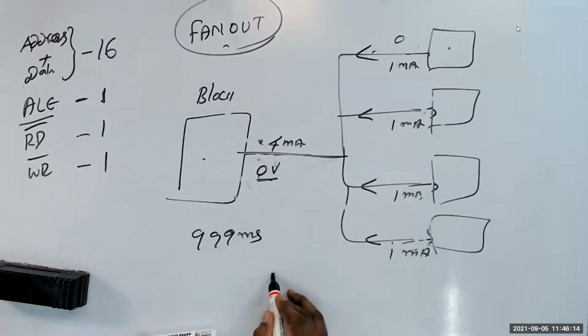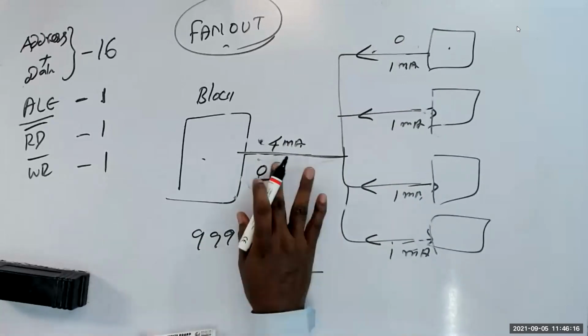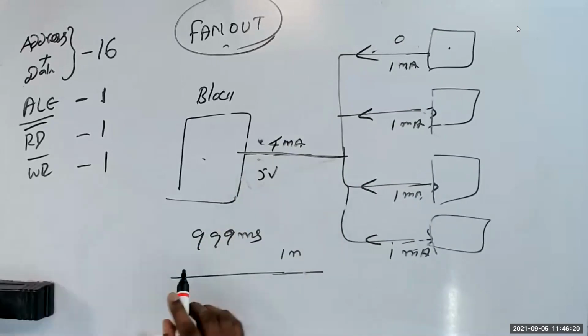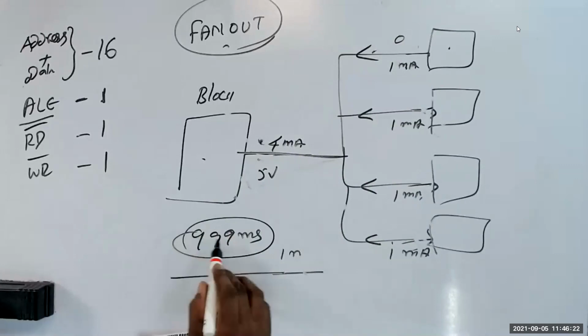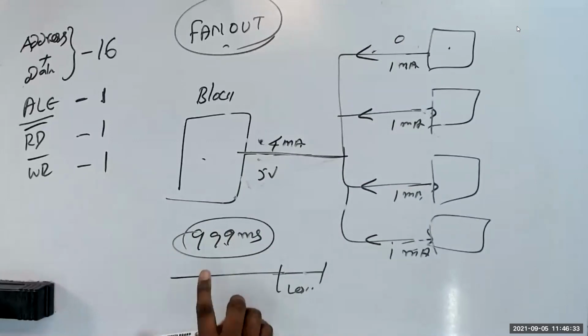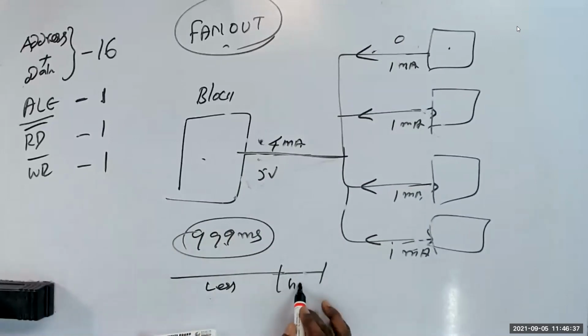But when I select it for 1 millisecond, I make this 5 volt. So in 1 second, for 999 milliseconds, I'm getting 4 milliampere. But when I make it high, that's going to be less current.